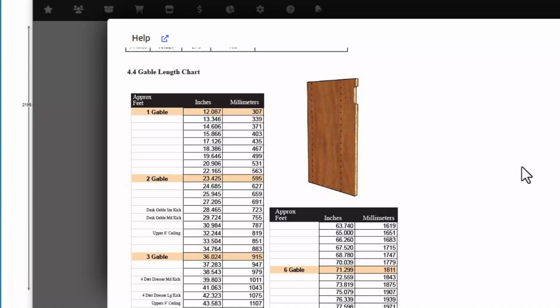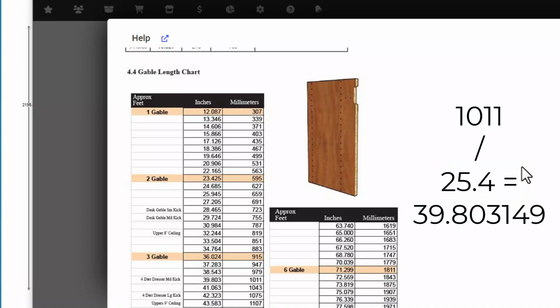Now for those of you who might not know how to convert metric to imperial, looking at the chart is by far the easiest way. But if you want to do this manually, sometimes you may not have a chart available. You need to memorize the measurement 25.4. Imperial numbers are always smaller than millimeters. So if I have 1011 millimeters, I need to make that smaller.